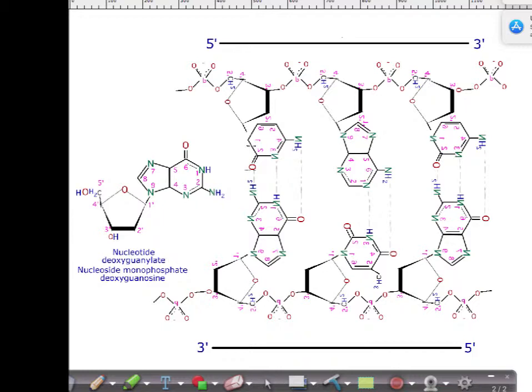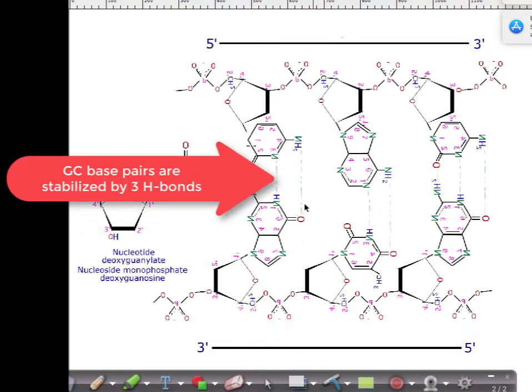I want to make note that depending upon the nitrogenous base, the number of hydrogen bonds holding together the 2 strands of DNA is different. So notice that when a guanine pairs with a cytosine, there are 3 hydrogen bonds holding those together, whereas when you see a thymine pairing with an adenine, there are only 2.